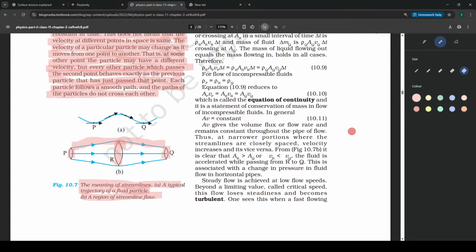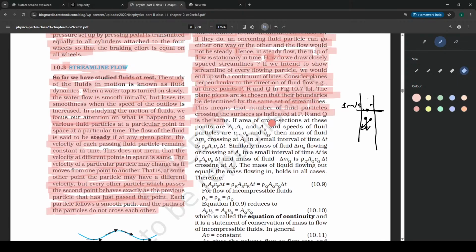Meaning, if we take three pieces of planes here, this plane and this plane and this plane, according to the diagram, the number of particles passing through P will be equal to the number of particles passing through R, and also equal to the number of particles passing through Q. It's kind of setting a boundary.